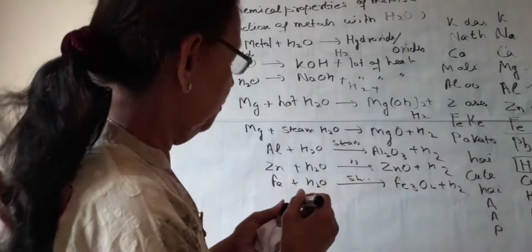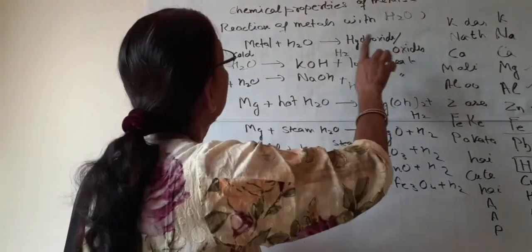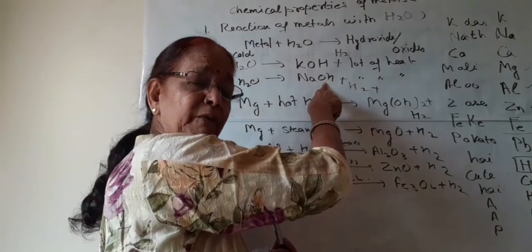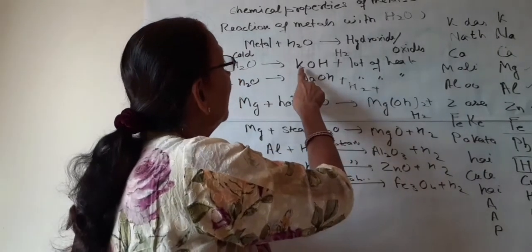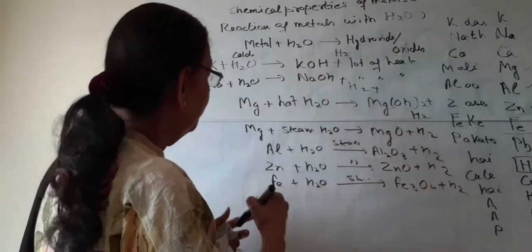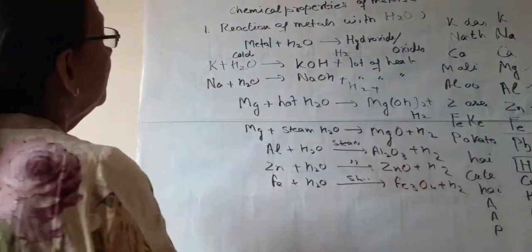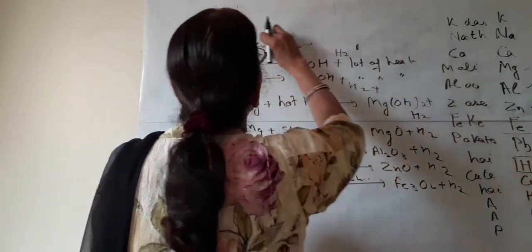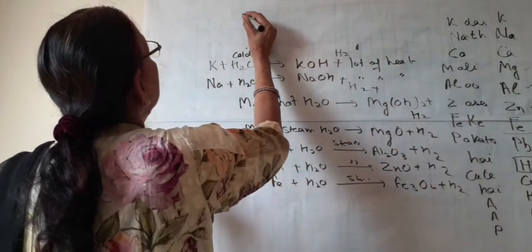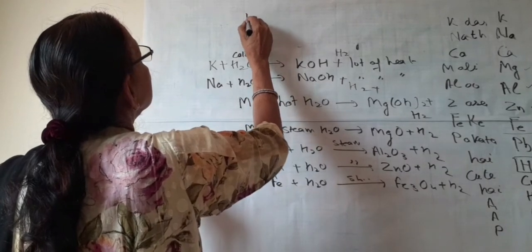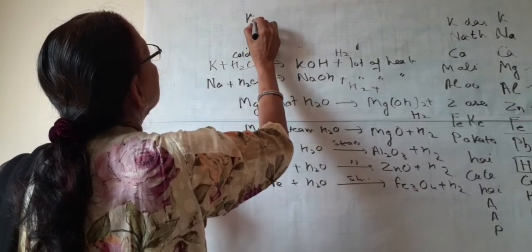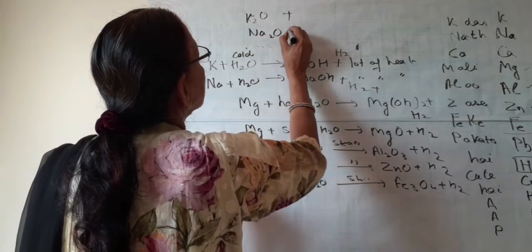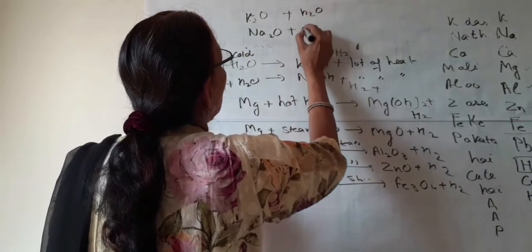Now you must be knowing that this and this are alkalis, very strong bases, and they are also formed when K2O dissolves in water. These alkalis are also formed when K2O or Na2O, these are the oxides, dissolve in water.